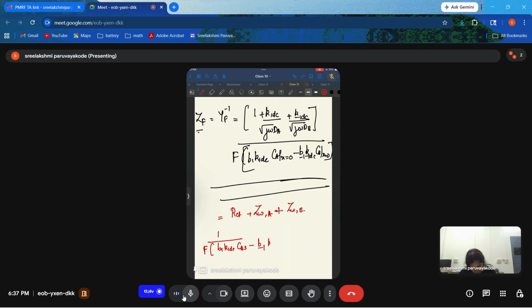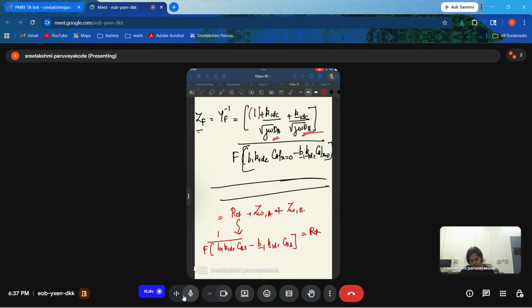B minus 1 K minus 1 DC CB at X equal to 0, surface concentration of B. This is the RCT. So this part corresponds to RCT. Then root omega and dA terms and dB, that's all corresponding to the Warburg. So this part is the RCT.